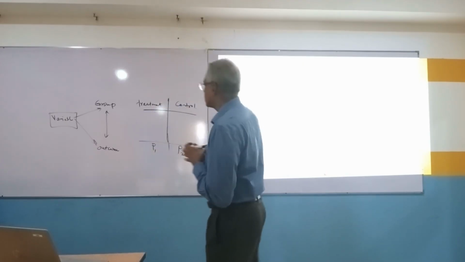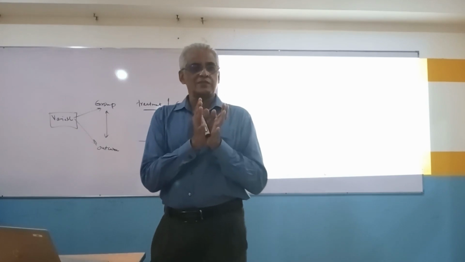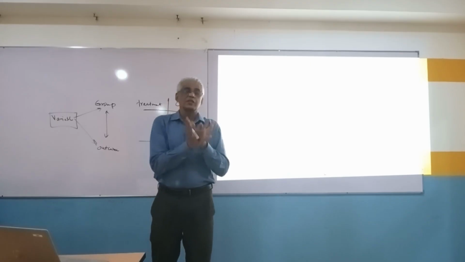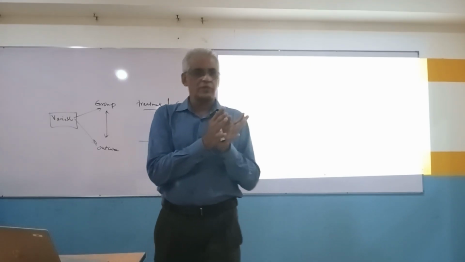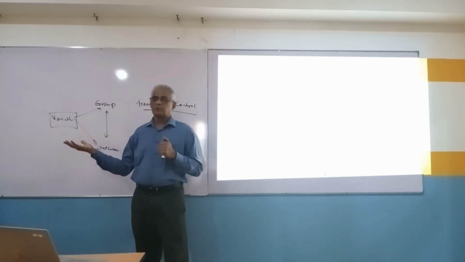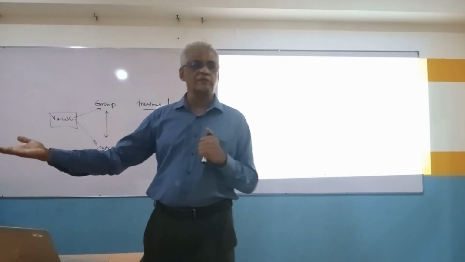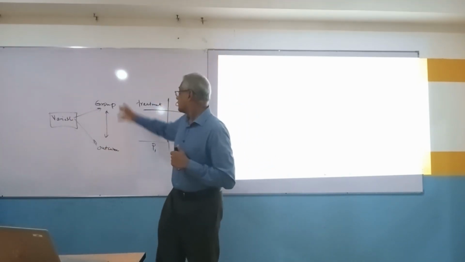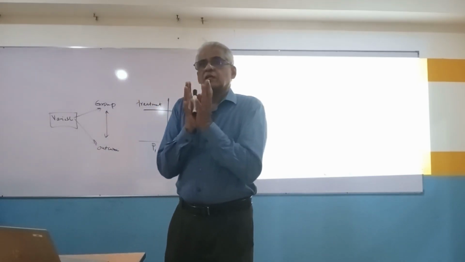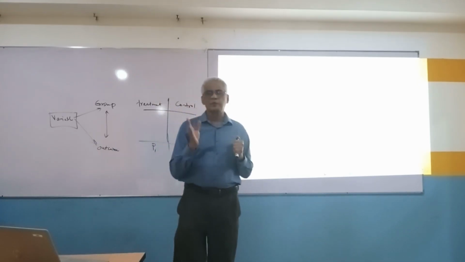In the treatment group, everybody is a child of parents who gave consent. Everybody is, otherwise they cannot give the treatment. But in the control group, there are people who will be giving the consent, and there are people who will not be giving the consent. In other words, in the treatment group, most of the children are rich people's children. Of course, some poor people will also give consent.